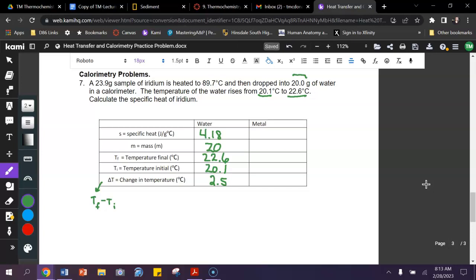Now for our metal, we know that the mass of the metal is 23.9 grams. We know that the initial temperature of our metal is 89.7 degrees. And we know that the final temperature of the water, I'm sorry, I wrote that in the wrong spot.